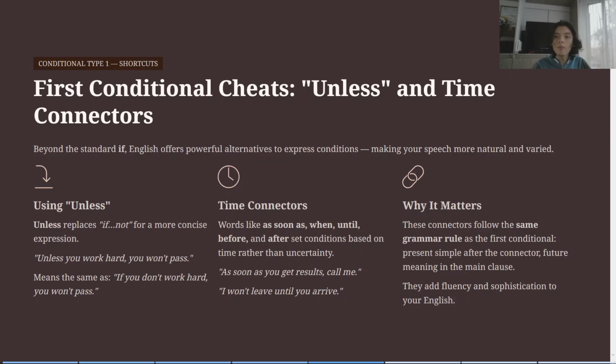We can also use time expressions such as as soon as, when, until, before, and after. For example, as soon as you get the results, call me. Or I won't leave until you arrive. These expressions are important because they make our English sound more natural and fluent. The main grammar rule is still similar. We use present simple after the connector, even when we are talking about the future.